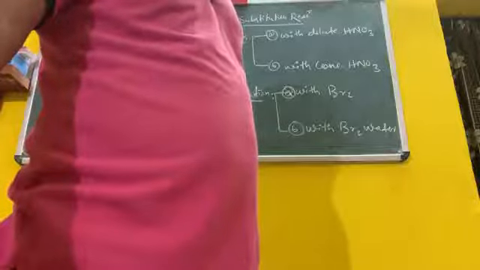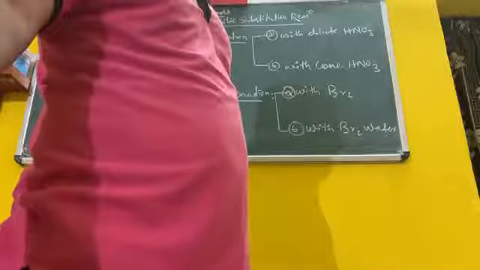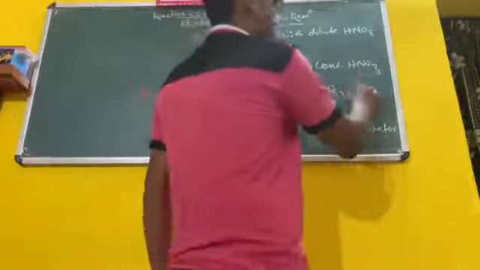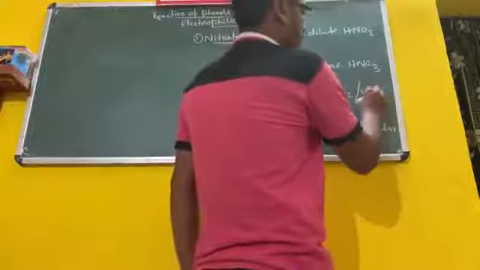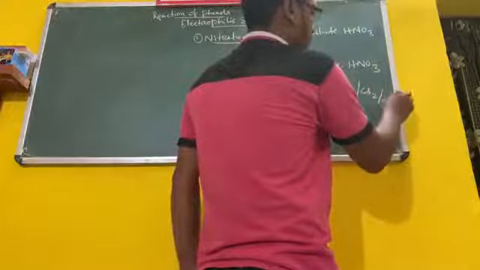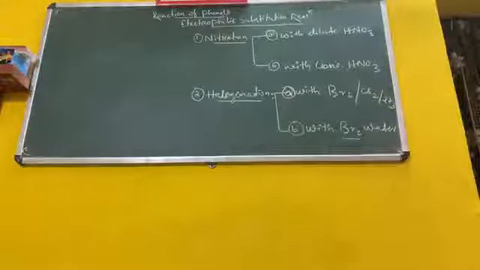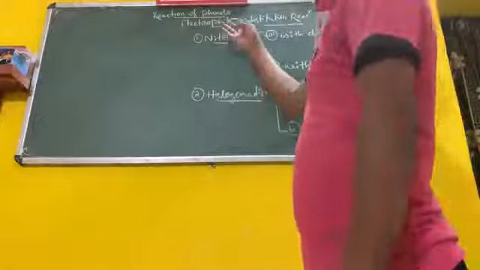If you react with bromine, it is Br2 in CS2 at 273 K, and there is no need to give a catalyst. So children, these are the types of electrophilic substitution reactions of phenols.